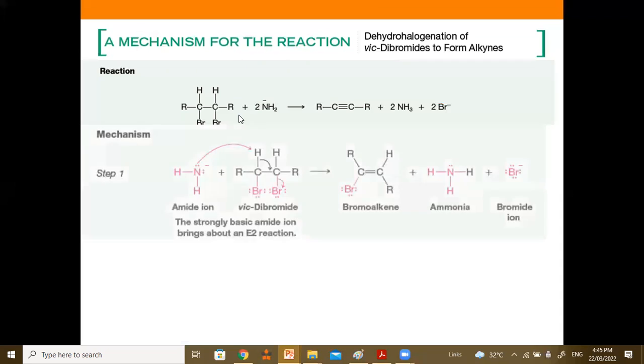So the first step for the reaction is this first mole of your amide that will abstract the proton. Okay, the same way that the base will abstract the proton in the elimination reaction. It doesn't attack the carbon, but it will attack the proton, the hydrogen. So we use the electron pair from our base, such as your amide.